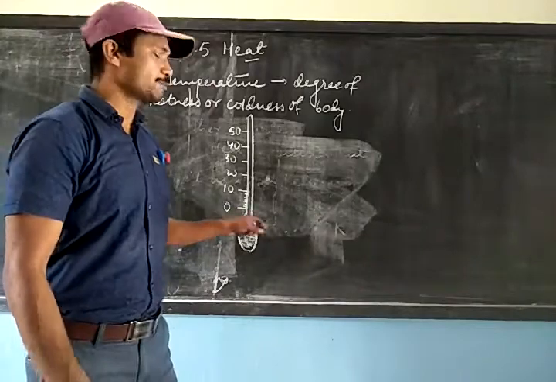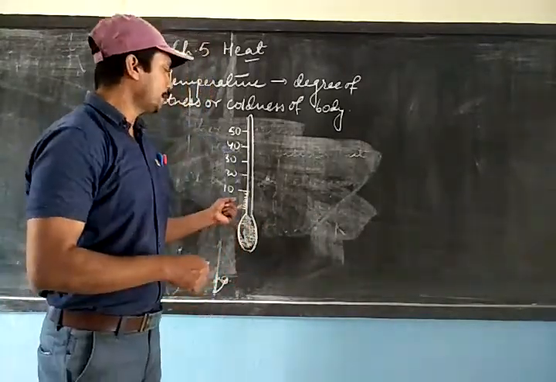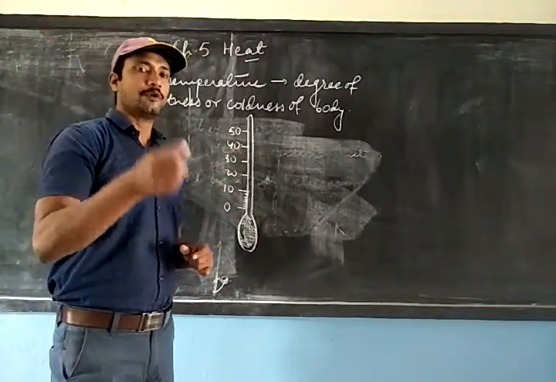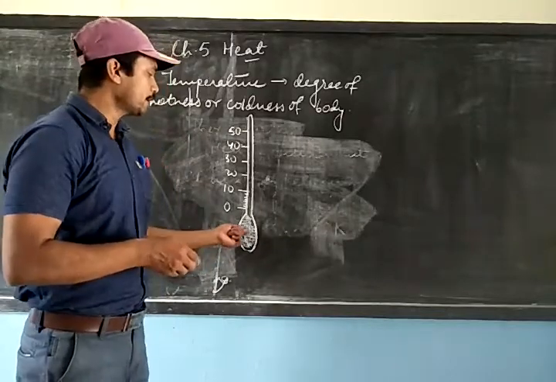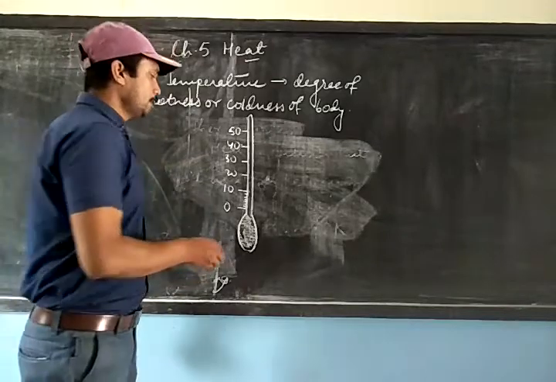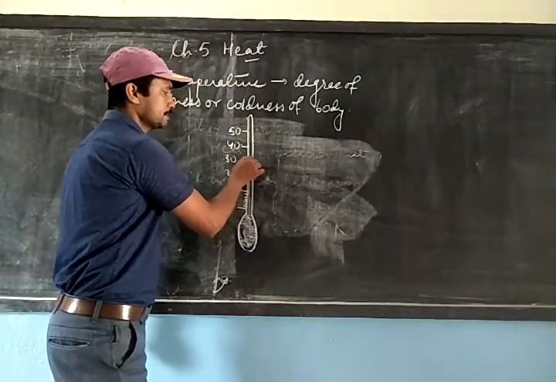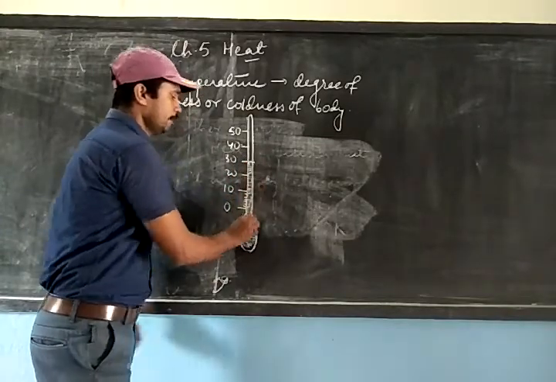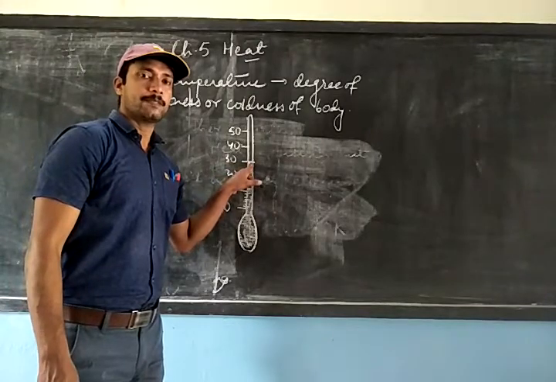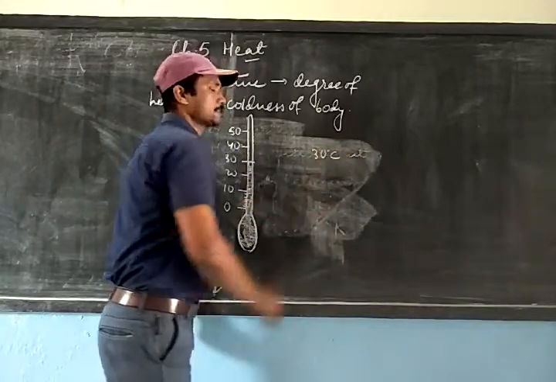I cannot show the 10 small divisions due to space problems, but you should know that every big division has 10 small divisions. When mercury becomes hot and rises, it may reach any of the divisions. Say mercury has risen up to 30, which means the body temperature is 30 degrees Celsius.